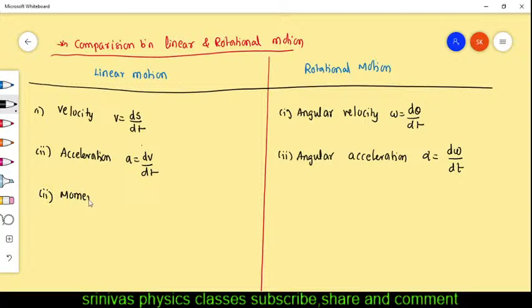In the momentum formula, momentum is mass into velocity. In this, angular momentum will be there. Instead of mass, moment of inertia you will get. Instead of velocity, angular velocity you will get.